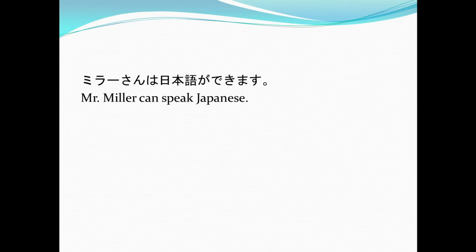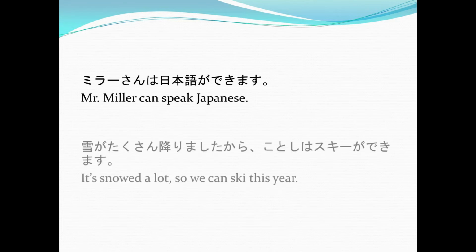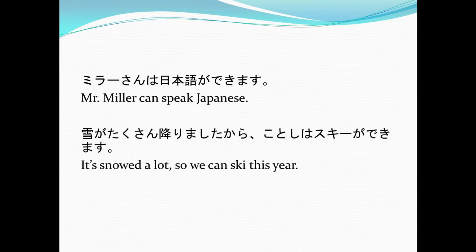Wakatta? Now, here's another example of noun koto ga dekimasu. 雪がたくさん降りましたから今年はスキーができます。It snowed a lot, so we can ski this year.